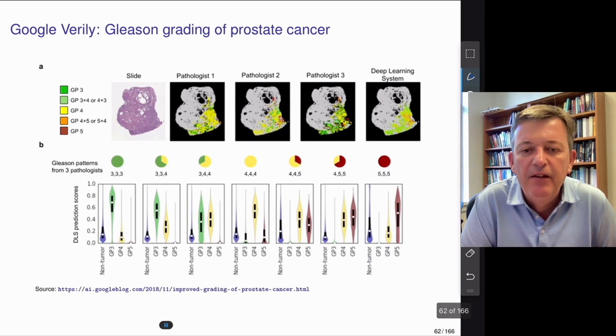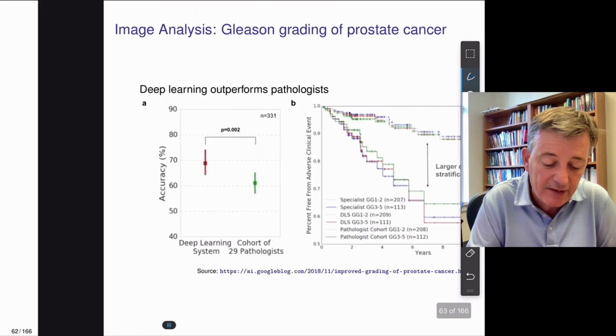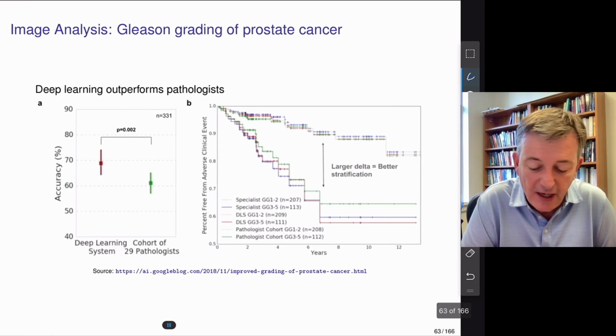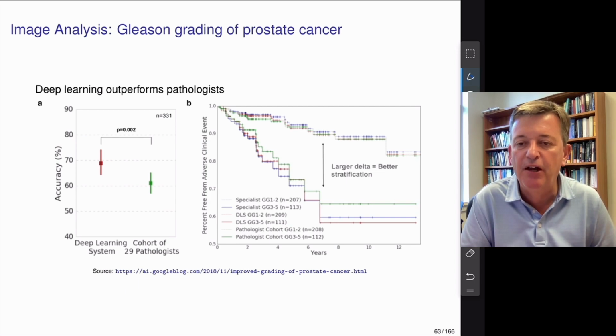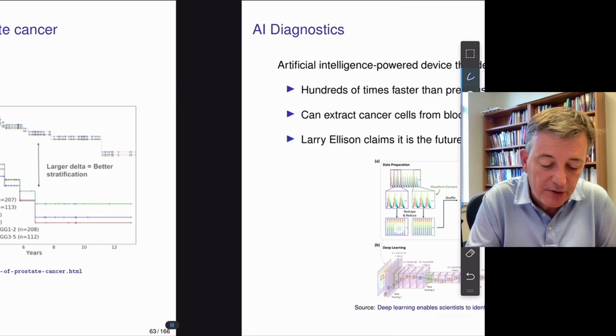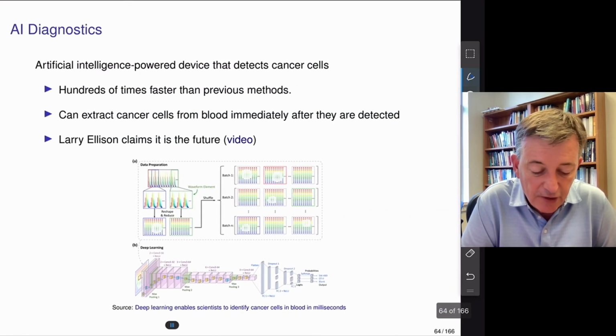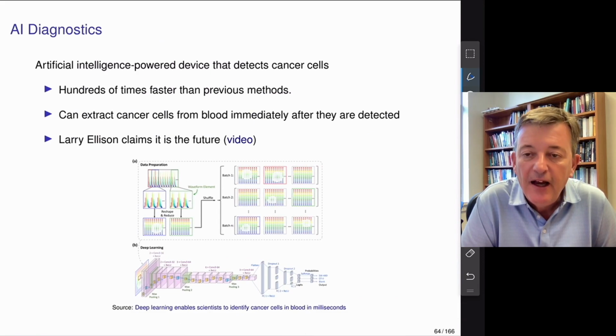There's something for looking at Gleason scores for prostate cancer, looking at samples of that and making diagnoses, looking at something called Kaplan-Meier curves, and trying to show that these machine learning algorithms are better at diagnosing healthcare than us humans are. So I thought you'd find that quite interesting.